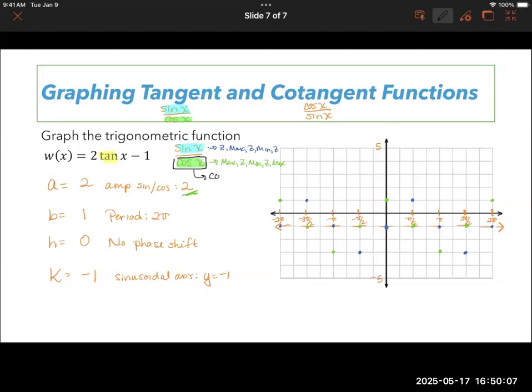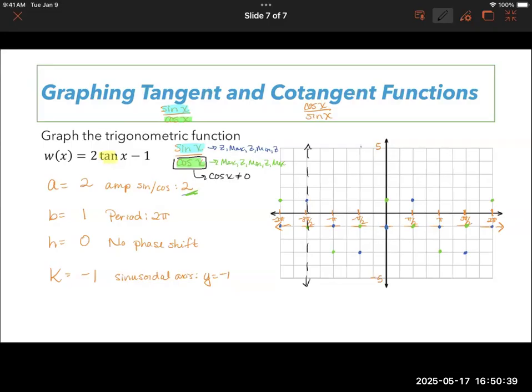So we do not want cosine x to equal 0, which means any place cosine x has a 0 on the sinusoidal axis, that's where we're going to put vertical asymptotes, just like we did with secant and cosecant. Cosine x was green, so anywhere we have a green dot on the sinusoidal axis, we are going to draw a vertical asymptote.